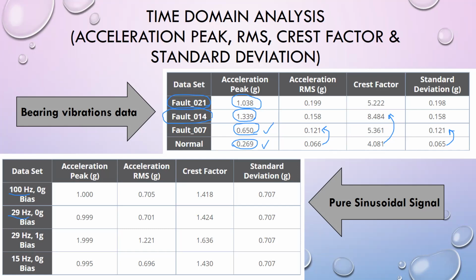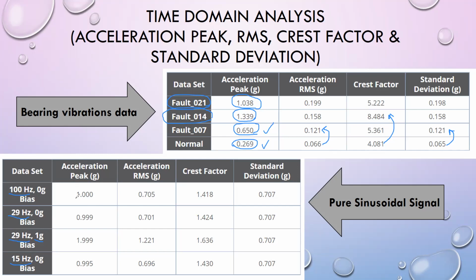Of course, this is the sample frequency, 100 hertz, 29 hertz, 29 hertz with 1G bias or 1G DC offset, and finally the 15 hertz, the signals that we had in the previous slide. If you extract, the acceleration peak for all of them is almost the same.